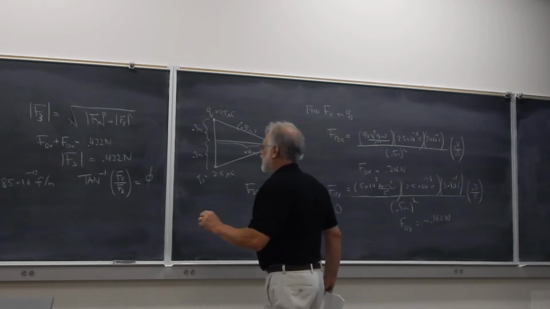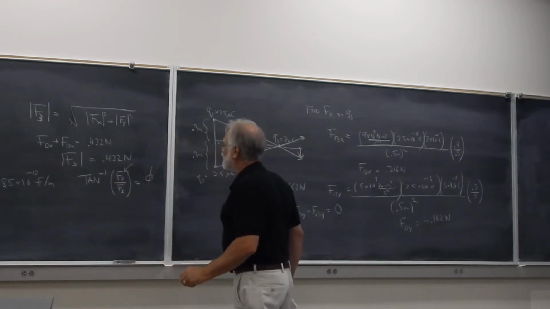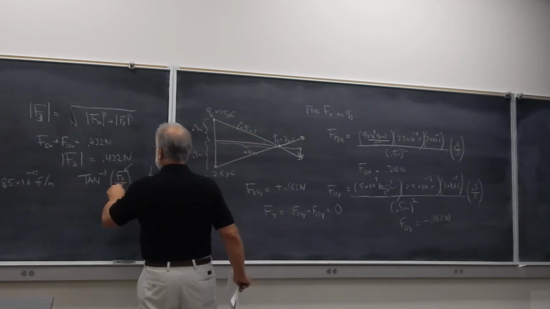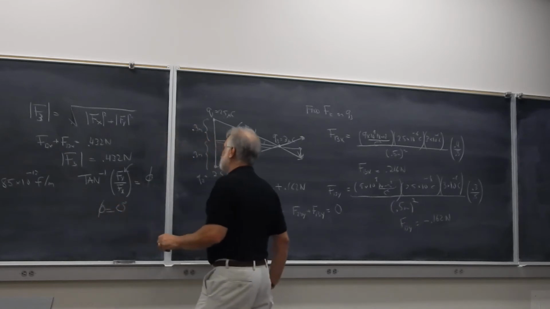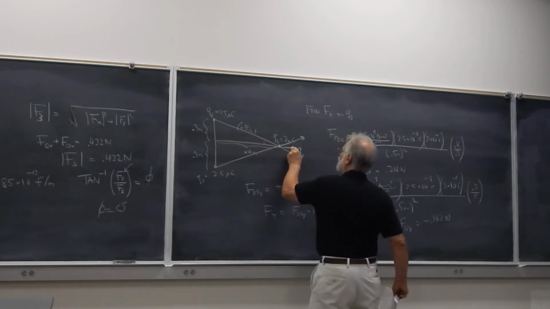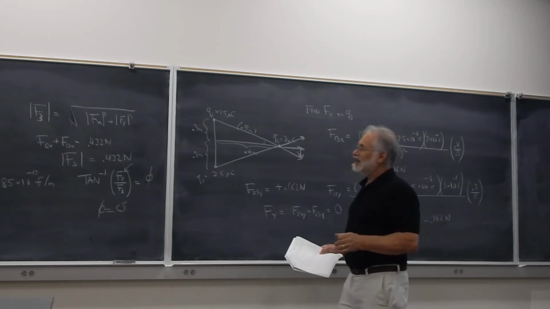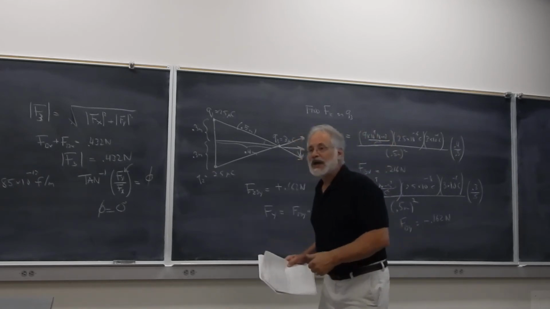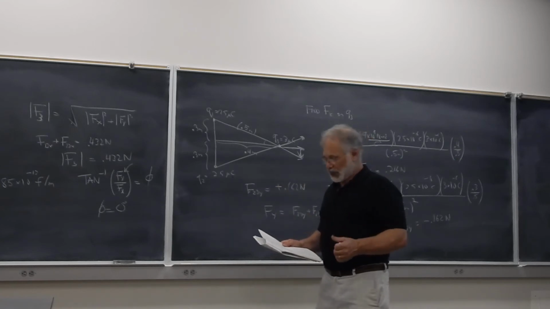And of course, since Fy is equal to 0, this angle is 0. So phi is equal to 0 degrees. In other words, the force is along the x-axis. That's a fairly simple example of how to use superposition to find the force on one charge due to a group of other point charges.